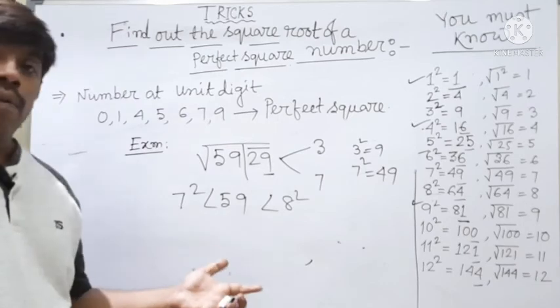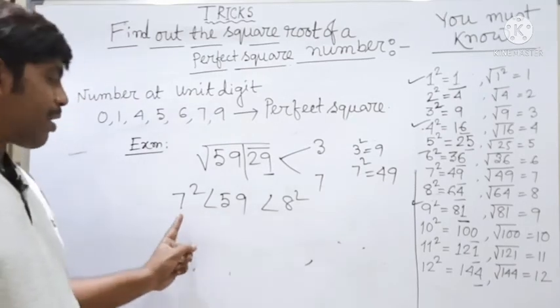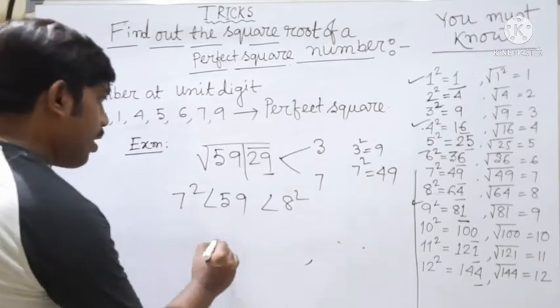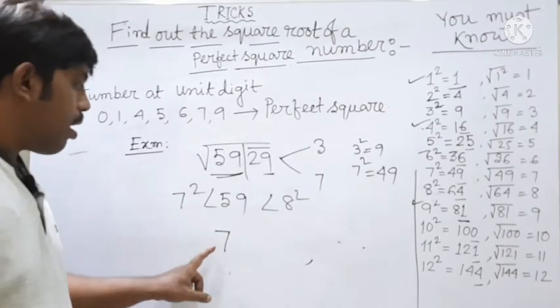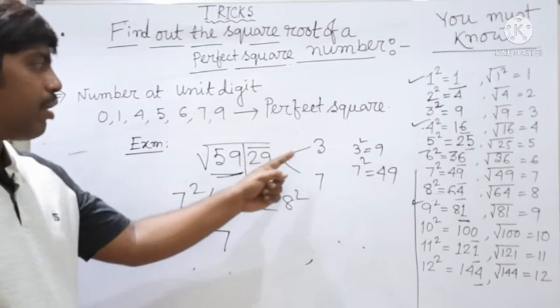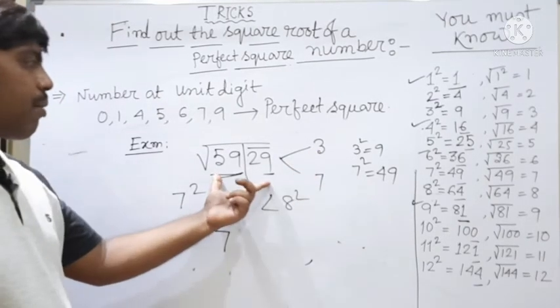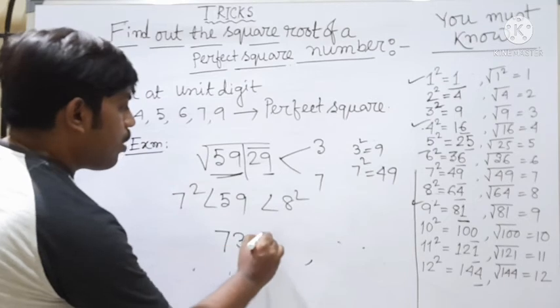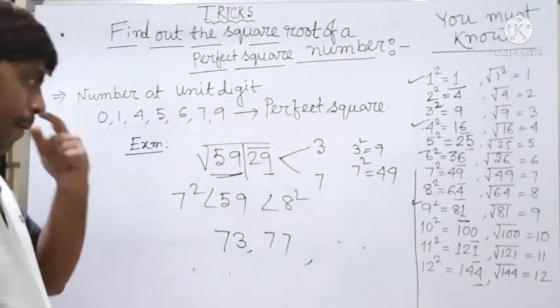Okay, now which number will we take, 7 or 8? Yes, we take the smaller number, so it will be 7 for 59. Now we already have the unit place, it will be 3 or 7. So the square root of this number will be 73 or 77. But which number will we take? Here is the trick.